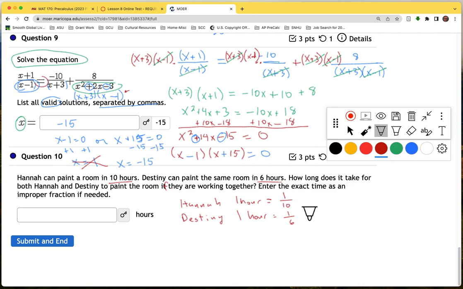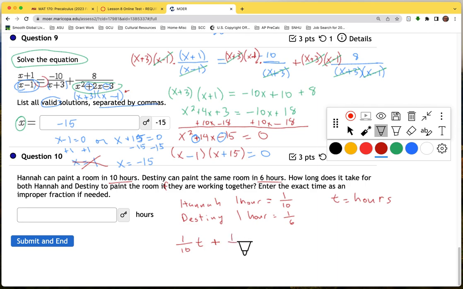Well, 1/10 times 2. So what we do is we say T is equal to the number of hours, right? So however many hours it takes to do a job, Hannah will do 1/10 of those hours times T. Since they're working together, she's got a helper, and that's Destiny.